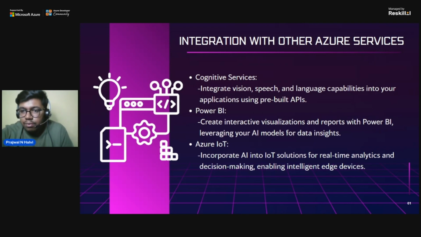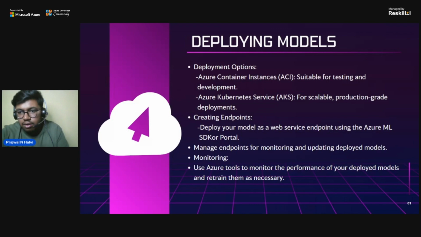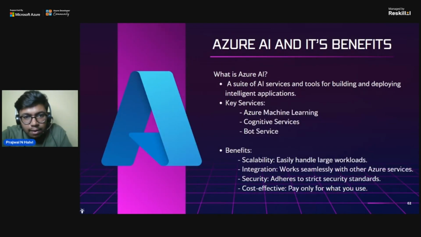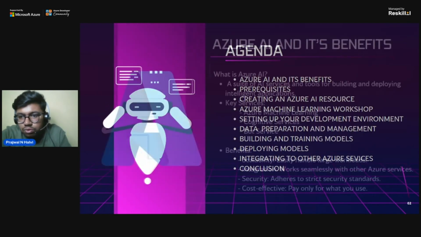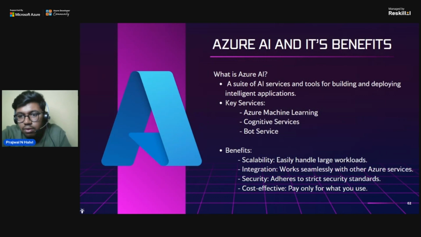We'll just have a look at what all we have covered today. So first, we saw what is Azure AI, which is essentially a suite of AI services and tools offered by Microsoft.